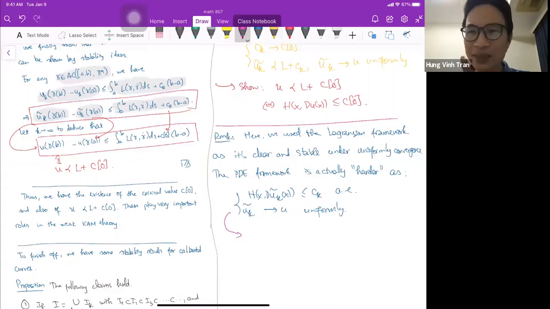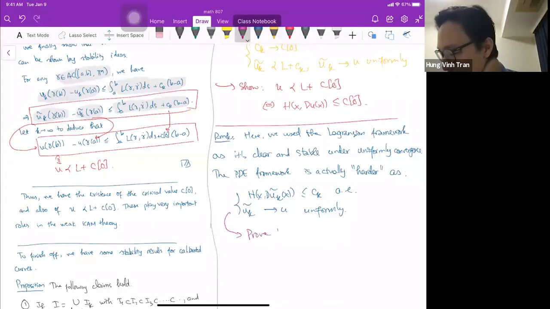I have no idea about its gradient, whether Du_k tilde is converging to Du or something. Surely in a weak sense, but not in a strong sense. So here I ask you to prove that h of x, Du is less than or equal to c naught almost everywhere, right?